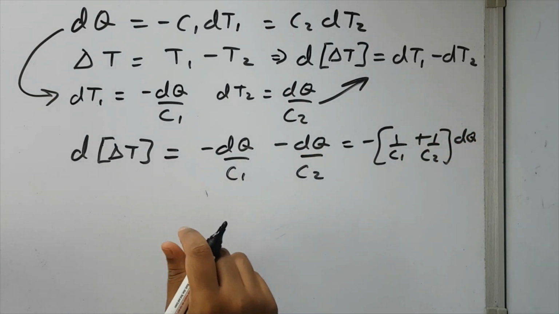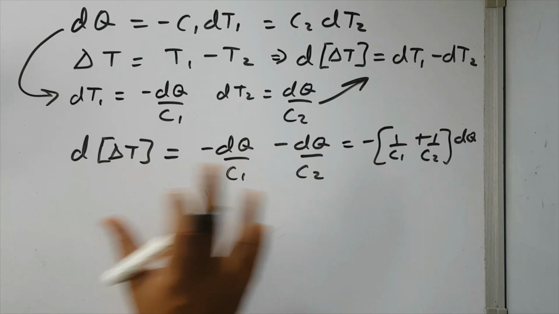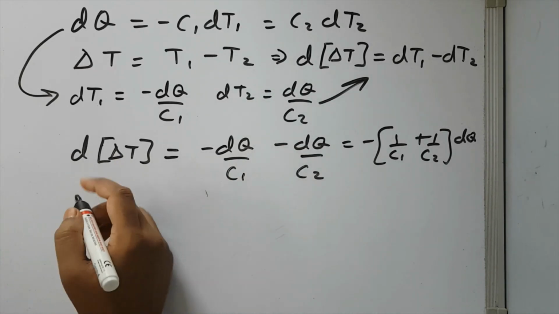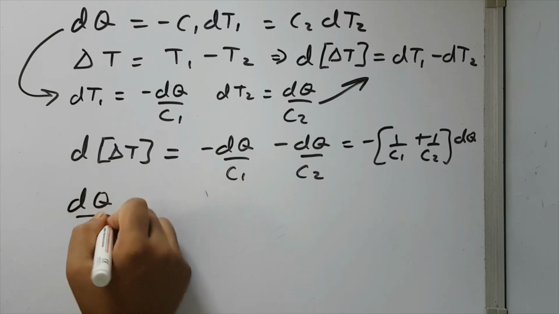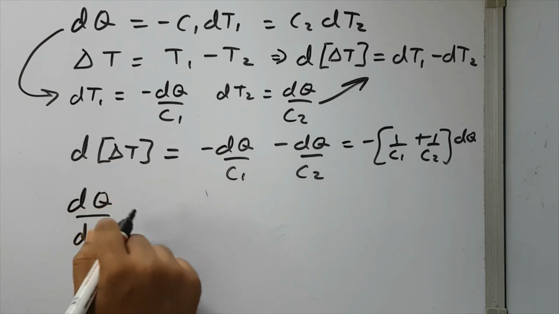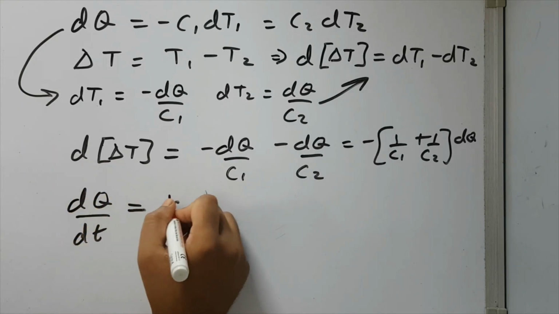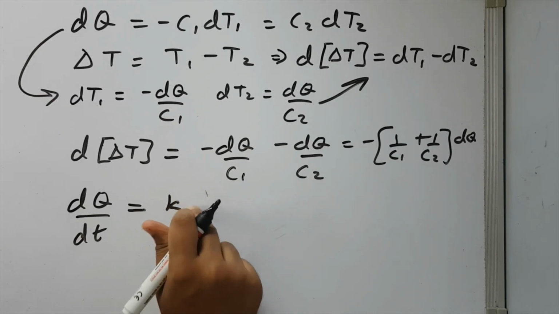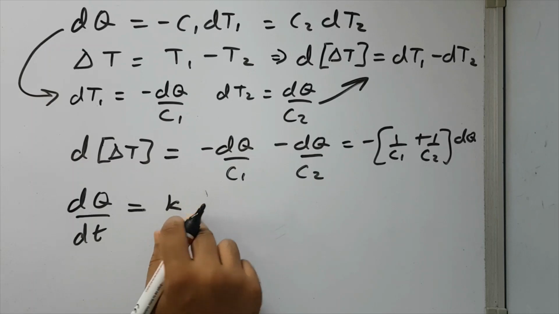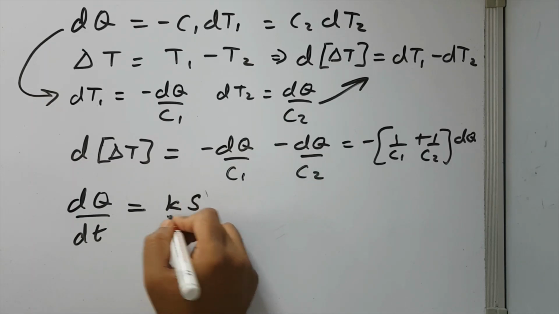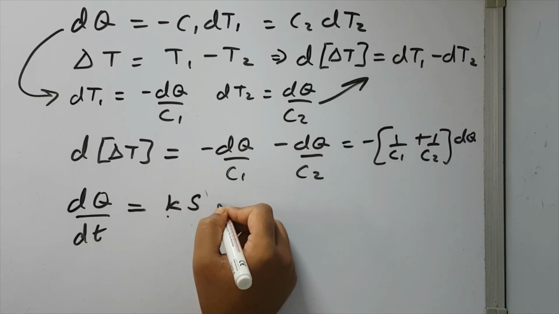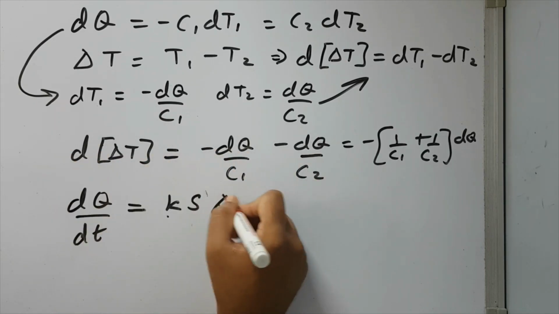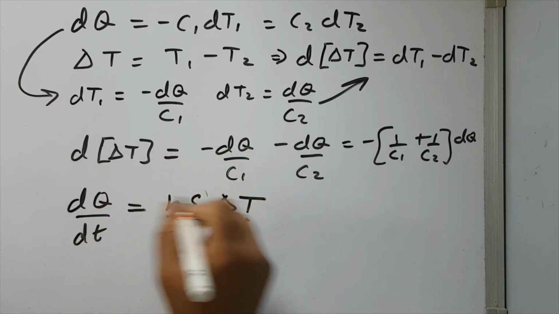All right, now for the rod, using the differential form of conduction, we can say that dQ by dt, this is the heat current, is equal to k A by L into dT, or k into A. What is this cross sectional area? It is S into what is the difference in temperature of the body? It is delta T by what is the length?